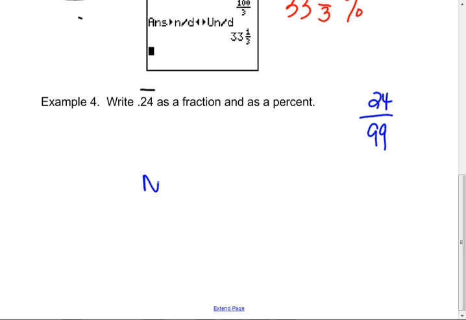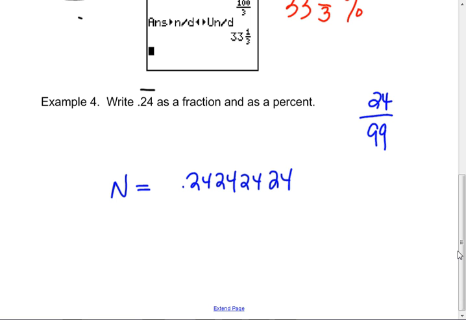Let's let n equal 0.24 repeating, which means 24, 24, 24, 24, etc.